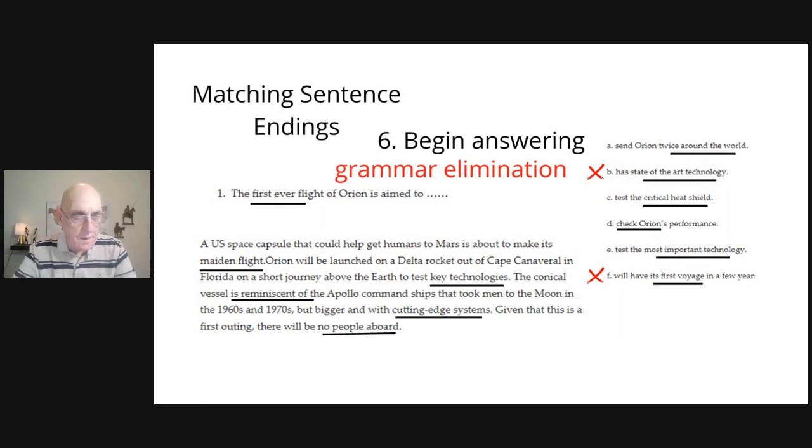So once we've eliminated the options according to grammar, now we're going to eliminate them if they don't match the main idea. So the first ever flight of Orion is aimed to, well, we know that it's not aimed to go around the world twice, okay?